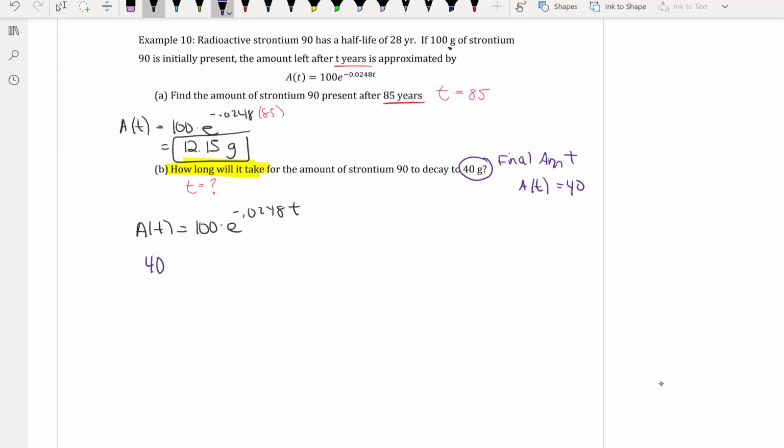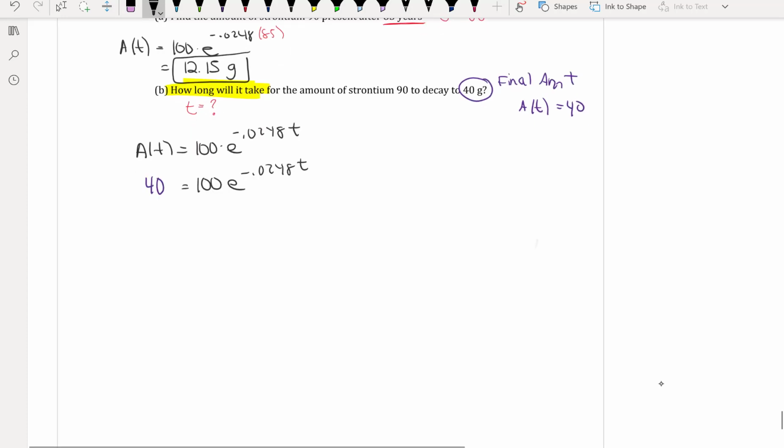So 40 is equal to my 100 e to negative 0.0248 t. So to solve for t, I'm going to divide by 100 so that I have 40 divided by 100, which is a 0.4. Now I'm going to write ln in front of both of them.